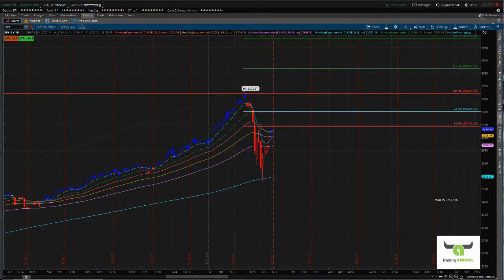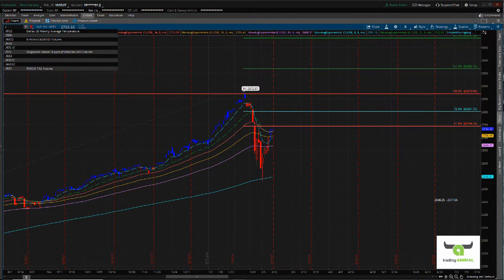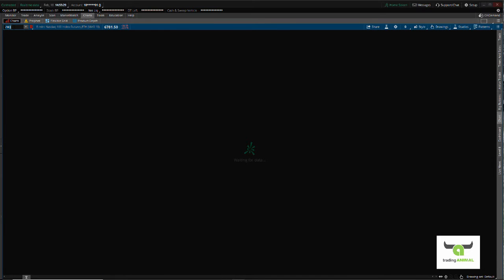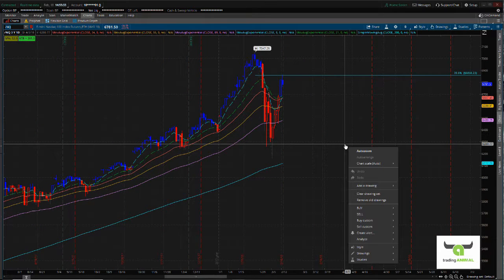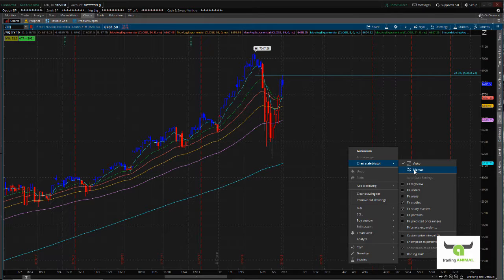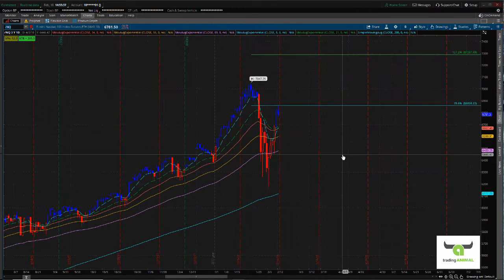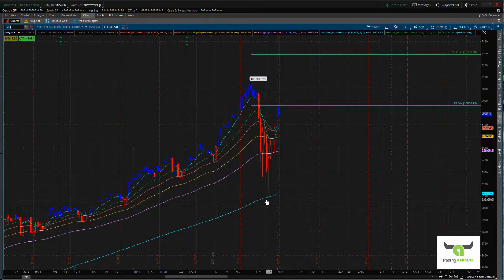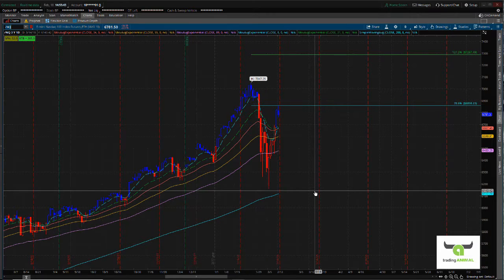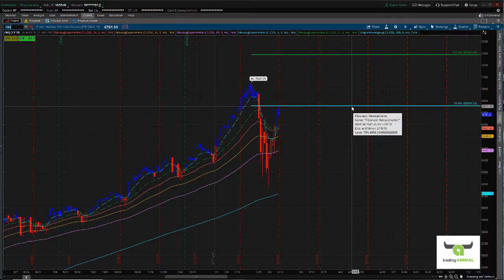As far as the NASDAQ futures, they fared a little better than the S&P 500 futures over this period. As you can see, it actually held above the 200 simple moving average, reversed back higher, and it's currently at its 78.6 retracement line, and it wasn't able to push through that on Friday.